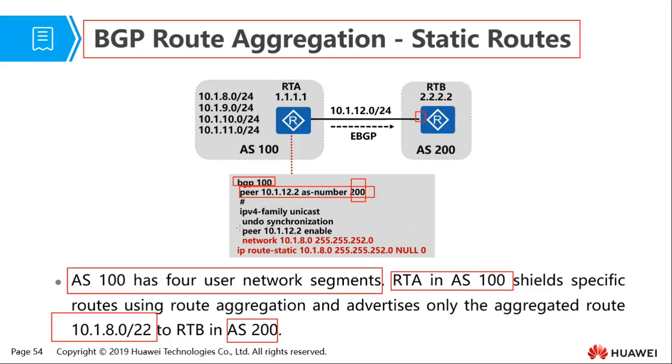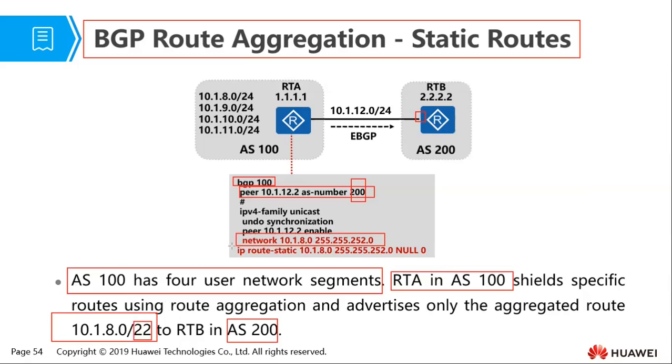Then you use the network command to advertise the aggregated, summarized route. So network 10.1.8.0, then the mask 255.255.252.0. The 252 is /22.